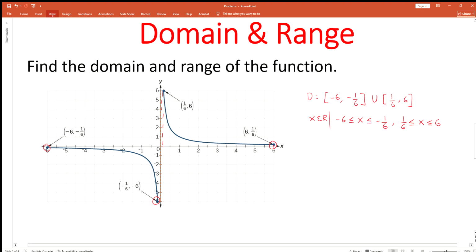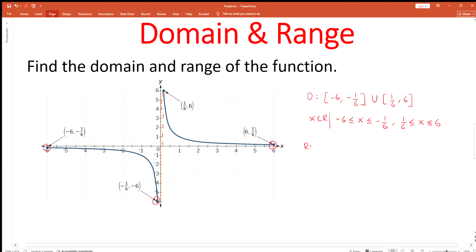Now we can write its range. As you may know, range is for y values. So we have to find the y values that lie on this graph, so we have to analyze this graph along the y-axis.